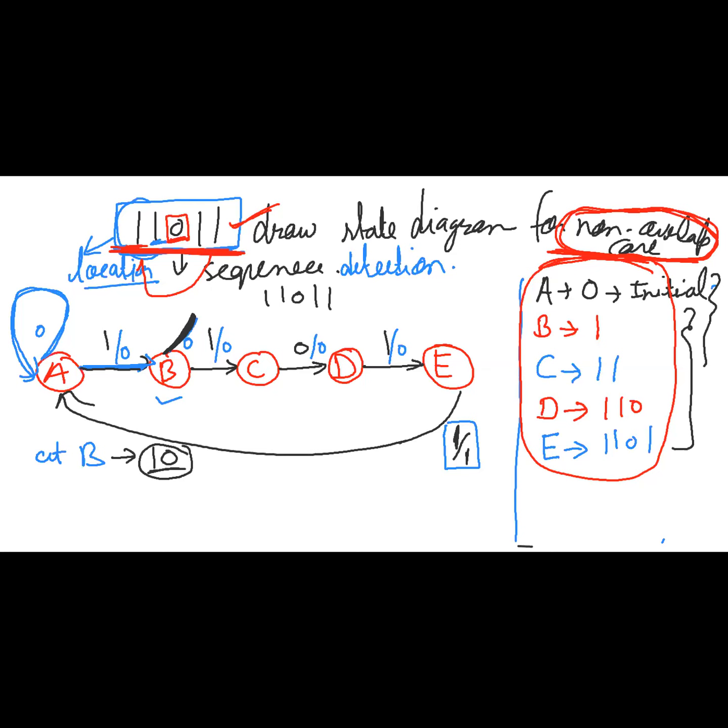Maybe D. No, B is 1. I am talking about 1, 0. If you don't have 1, 0, then leave this one and check the 0 state. Do you have any 0 state? A. Yes, A. So it will go to A. Clear?